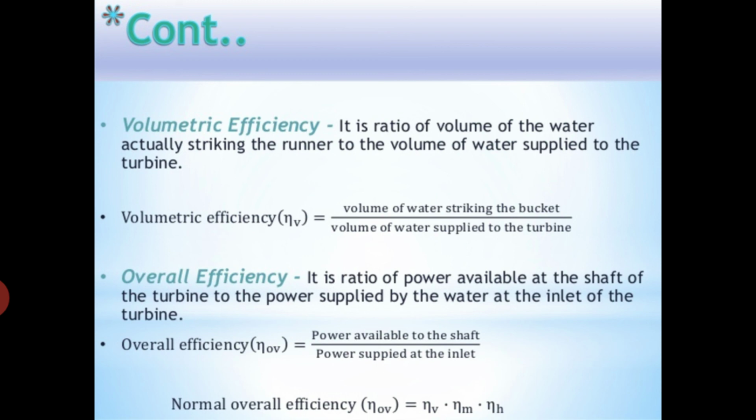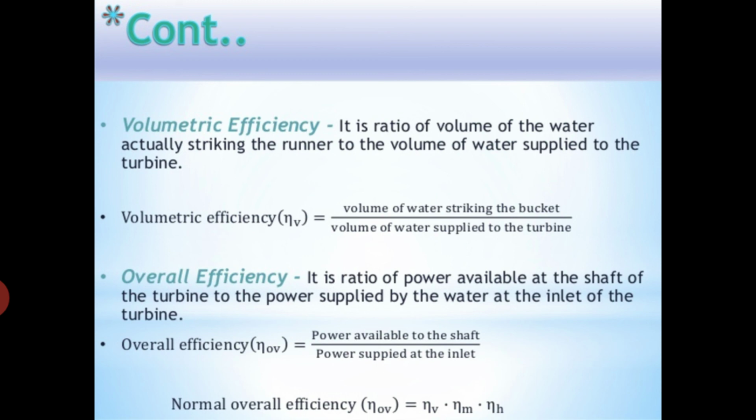Then the overall efficiency. It is the ratio of the power available at the shaft of the turbine to the power supplied by the water at the inlet of the turbine. This is the overall efficiency. Mathematically, it is the power available at the shaft divided by the power supplied at the inlet.